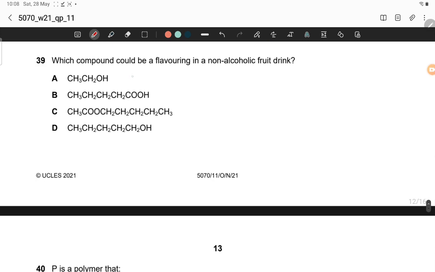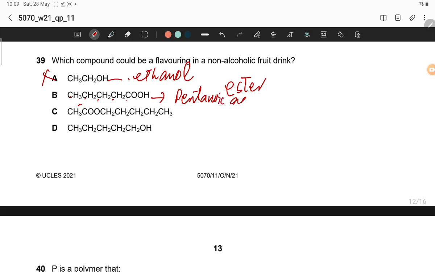Which compound could be a flavoring in a non-alcoholic fruit drink? An ester is used. CH3, this is ethanol, so it is incorrect. CH3, this is 1, 2, 3, 4, 5, pentanoic acid, so this is also incorrect.